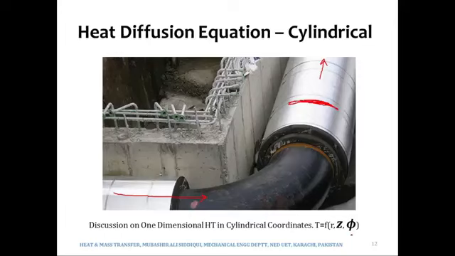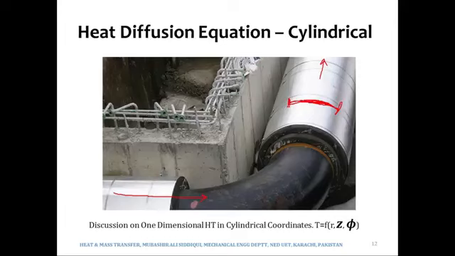What happens usually if you touch a pipe and suppose it is not that hot, or it is wrapped in insulation, so then it won't be that hot, and if you find the temperature at this point the same as the temperature at this point, we will conclude that temperature is not varying circumferentially, means temperature will not vary in phi direction. And if we find a difference, it means that temperature is varying in phi direction.